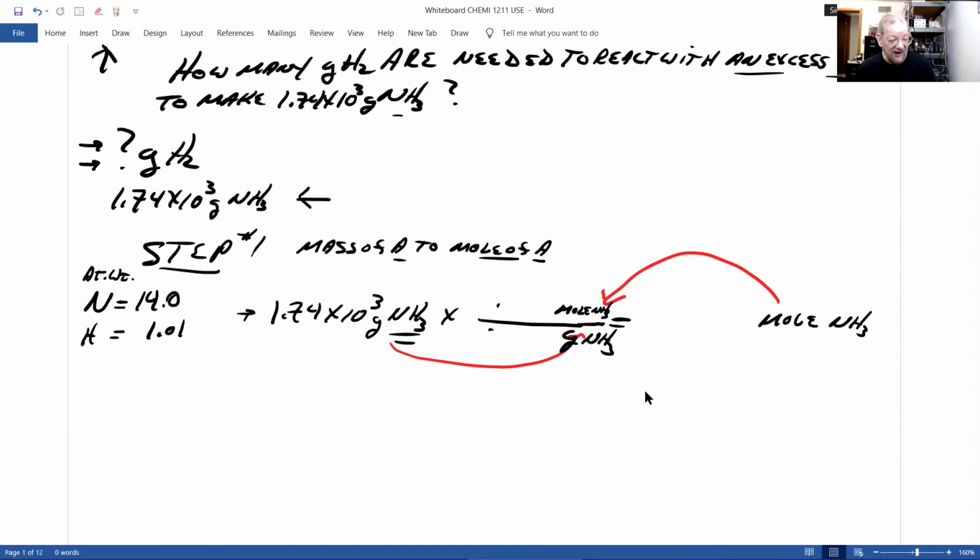There's 3 hydrogen and 1 nitrogen. And the atomic weight of hydrogen to 3 significant figures is 1.01. For nitrogen, 14.0.